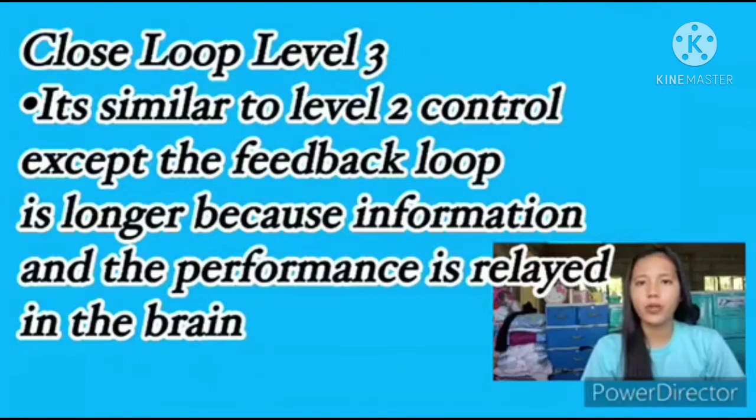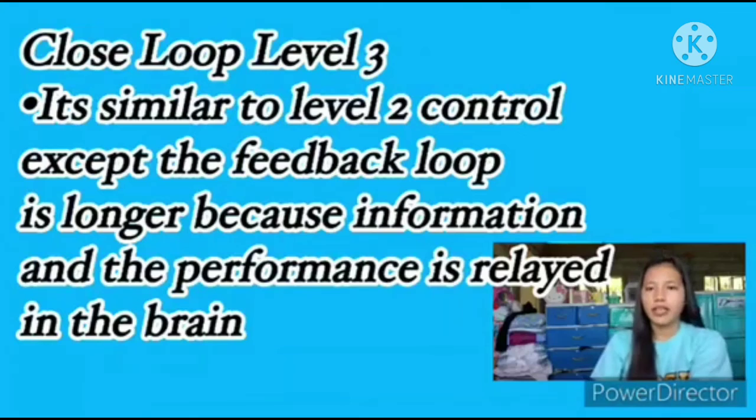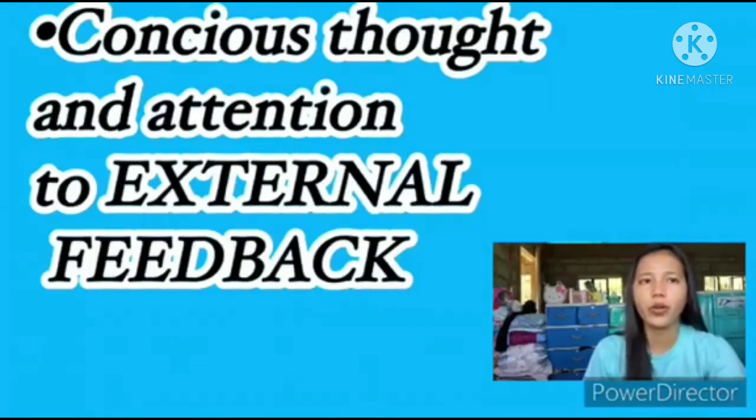Next is closed loop level 3. Closed loop level 3 is a type of control very similar to level 2, except the feedback loop is longer because information on the performance is relayed to the brain. The process also involves conscious thought and attention to external feedback.